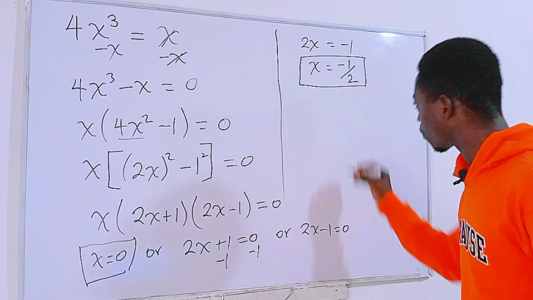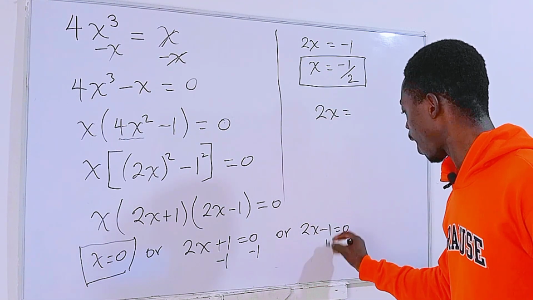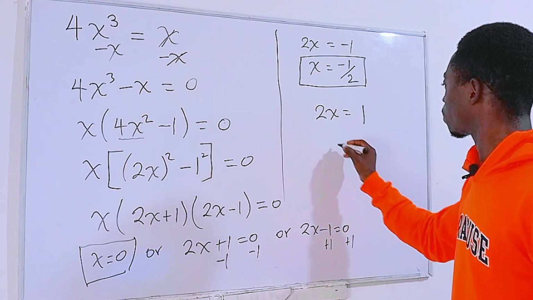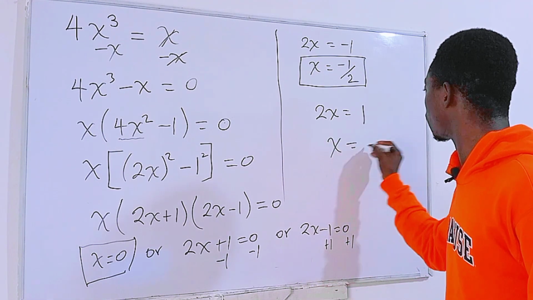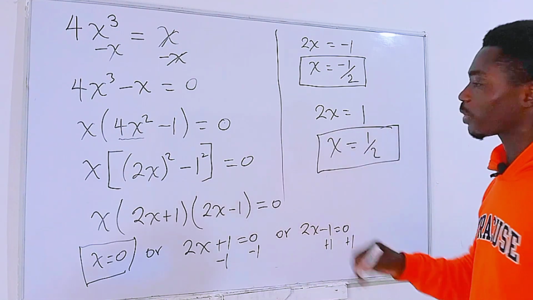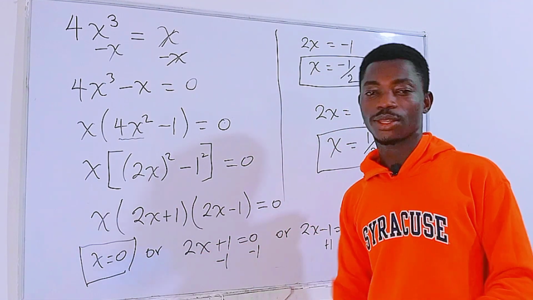And from this equation, if we add 1 to each side of the equation, we have 2x is equal to 1, so dividing each side by 2, we have x to be 1 half. And of course, we have three solutions to the problem: this is the first one, second one, and then the third one.